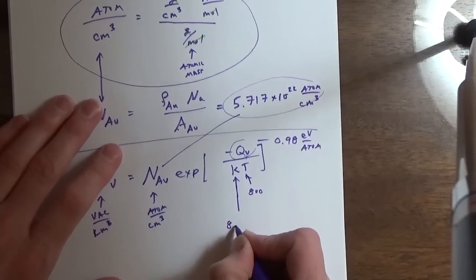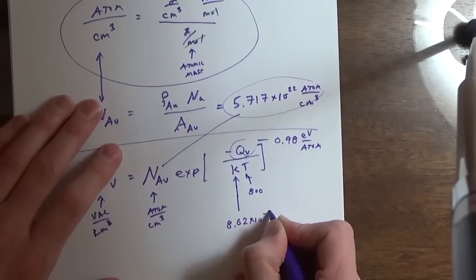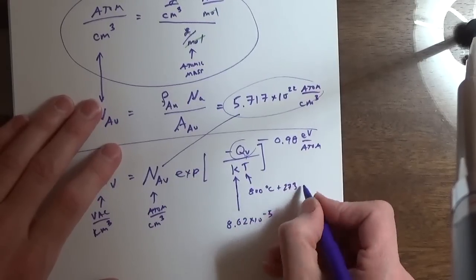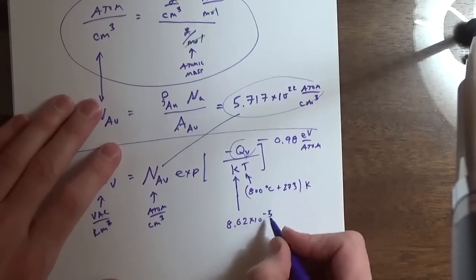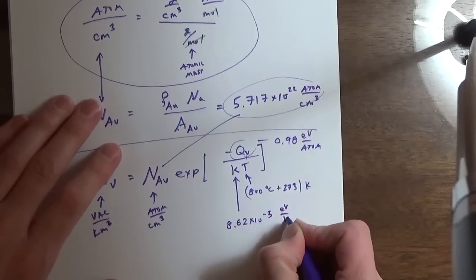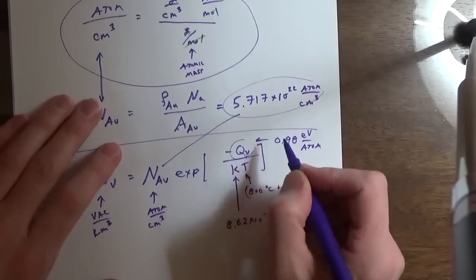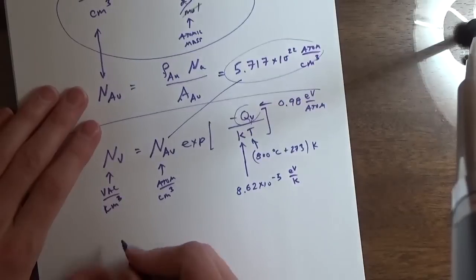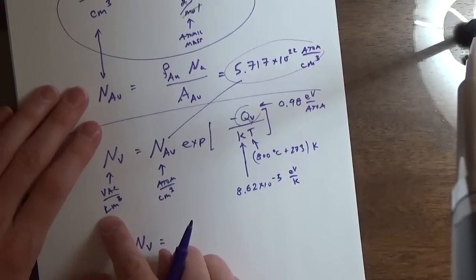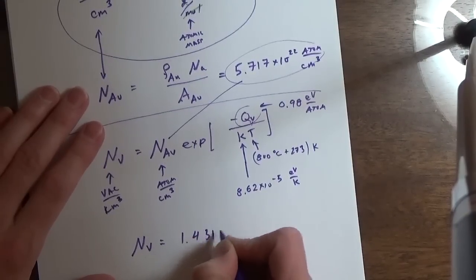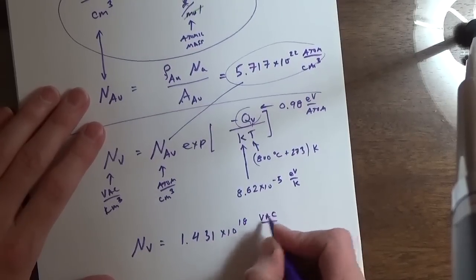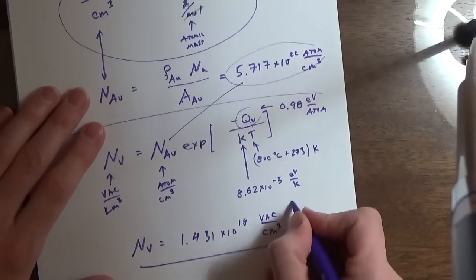It's 8.62 times 10 to the minus 5 eV per K. So we got all that, which gives us the number of vacancies per volume, 1.431 times 10 to the 18 vacancy per cubic centimeter.